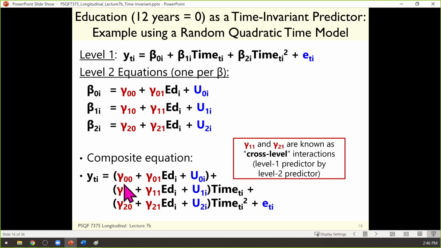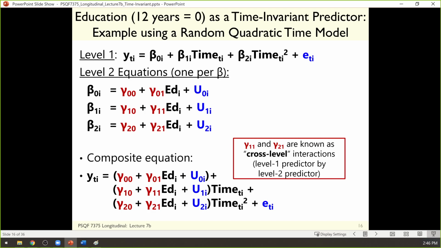So the first fixed effect in each of these rows, gamma 00, 10, and 20, you can think of as the reference growth curve. We're used to thinking in regression-type models as having a reference group or a reference point. This is a reference curve.